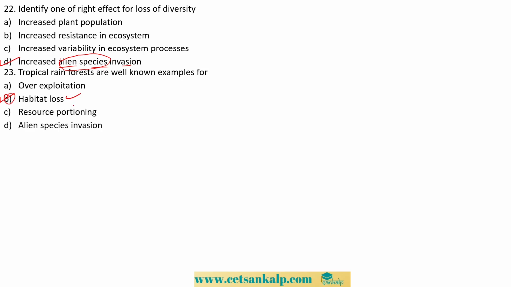Yes. The next question. The current landmass coverage of the rainforest is 6%, 5%, 7%, 14%. Once upon a time it was actually 14%, but now it is not more than 6%. Yes, 6% is the right answer.